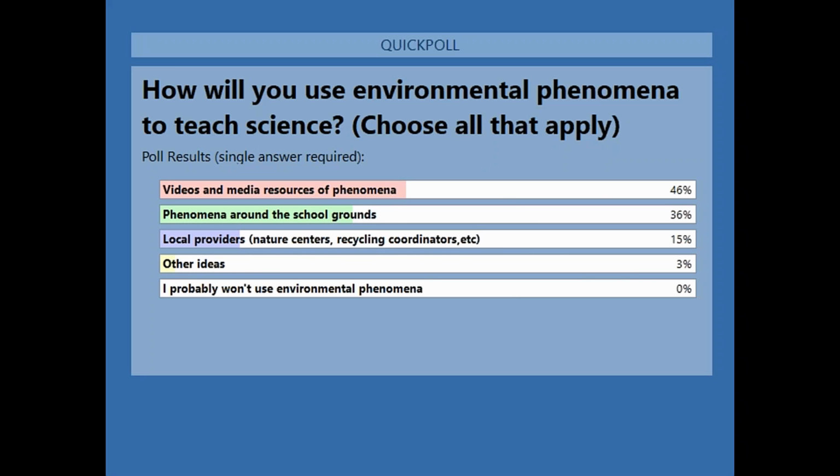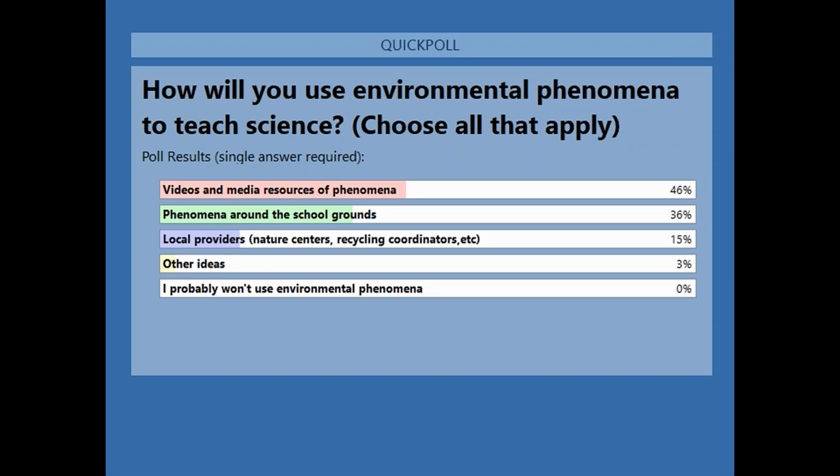So everyone can see. So lots of you said videos and media. We have looking at the school grounds and local providers. Do we have anyone, Christy, that's added some ideas to the left? It was set up so that we could only choose one. I apologize for that.